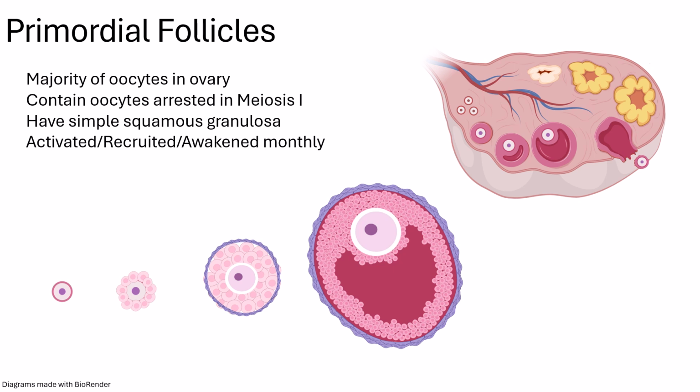So it doesn't depend on FSH and LH from the anterior pituitary at first. Once these oocytes are recruited, the granulosa cells around them become cuboidal, and the follicle transitions into being a primary follicle. This monthly activation ensures that the ovary maintains a steady supply of developing follicles throughout the lifespan.